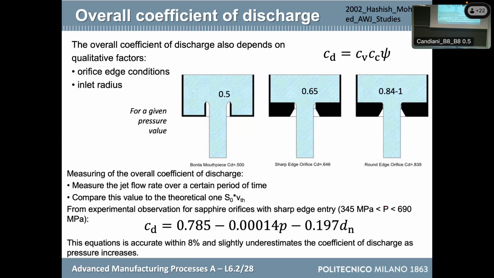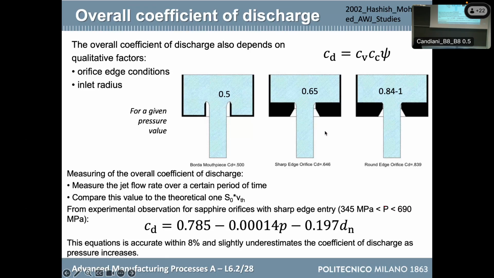So the reason why CD is just 0.5 is because CC is 0.5. The other two coefficients are 0.97 for CV, we told this already, and CS depends on the pressure, but we have seen yesterday that it is always bigger than 0.90. So CC is guiding the amount of flow rate that we are discharging.